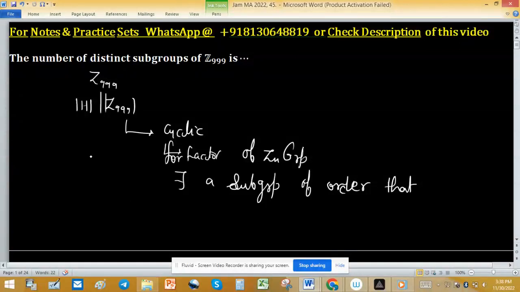It means we need to find the factors of the order, and to find the factors, the tau function will help you.